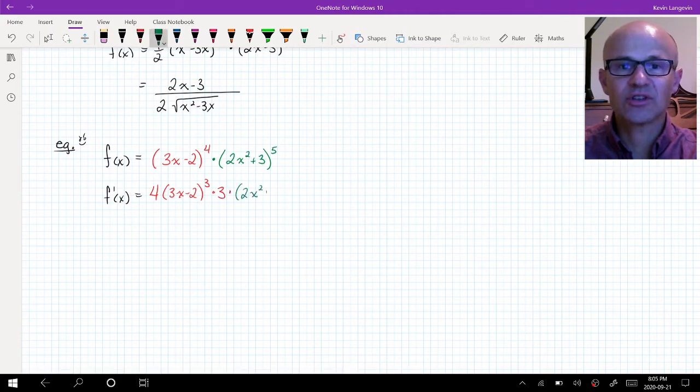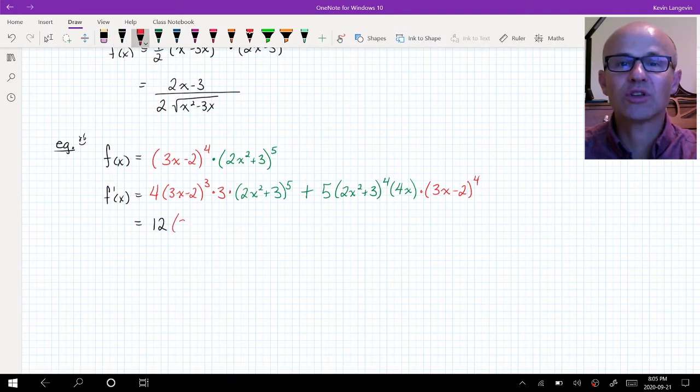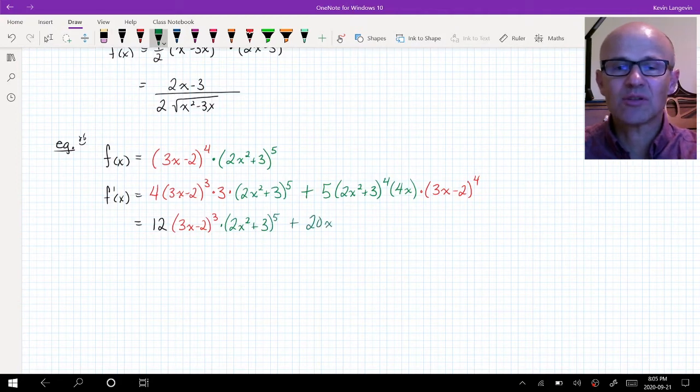Derivative of the first, that's everything that you see in red, times the second plus derivative of the second, everything you see in green, times the first. The pieces at the back of each one are always the chain rule, always multiplying by the derivative of the inside piece. I'm just going to clean this one up a little bit.